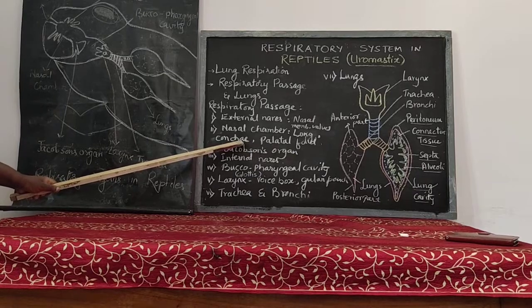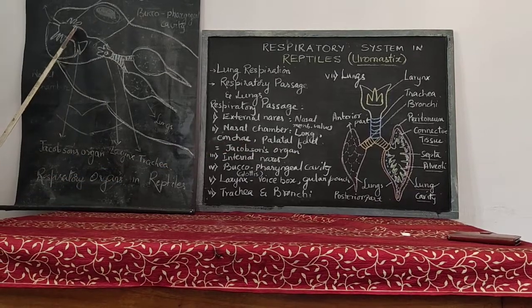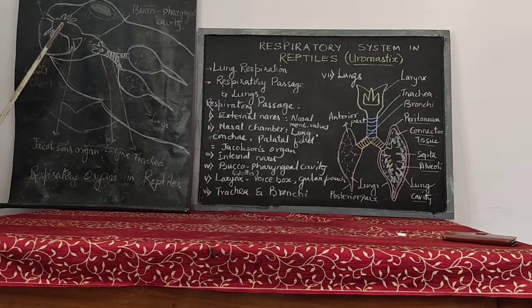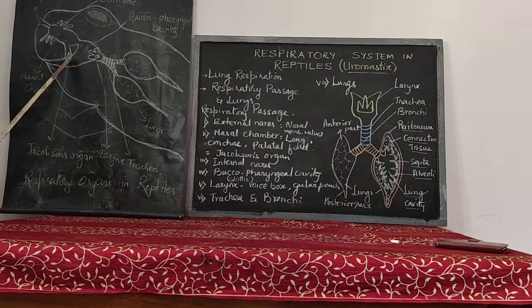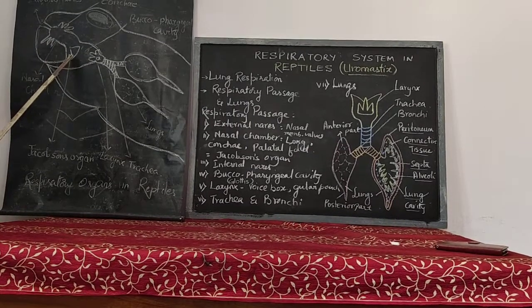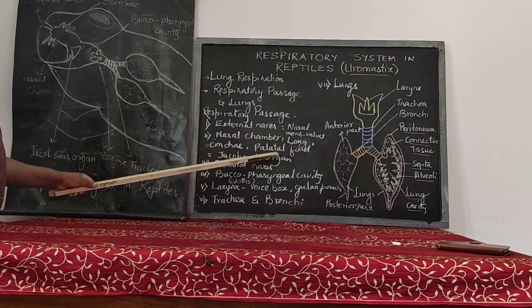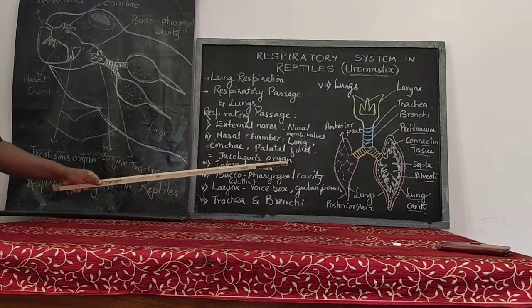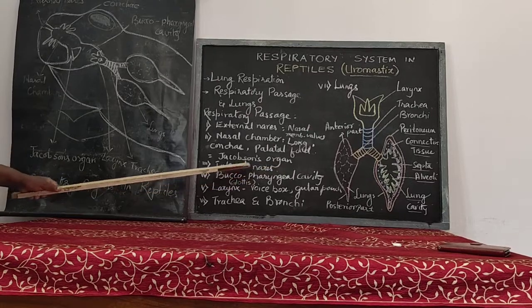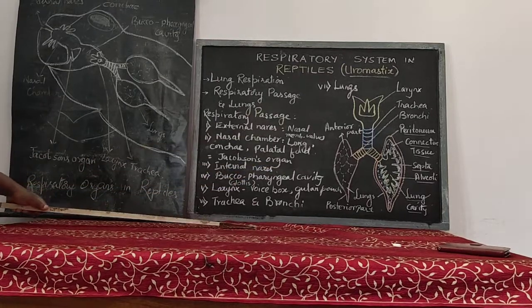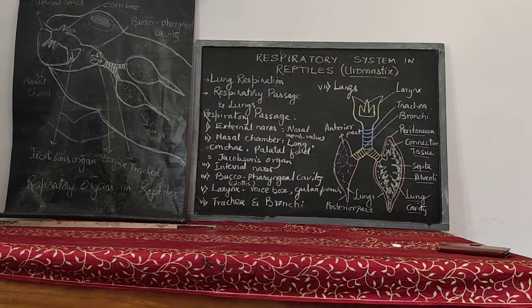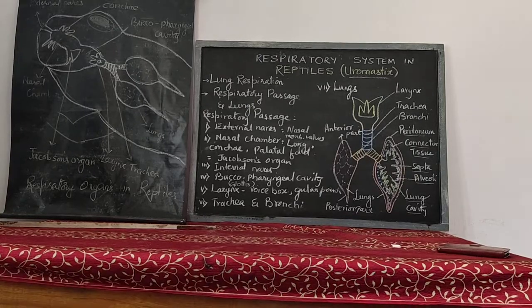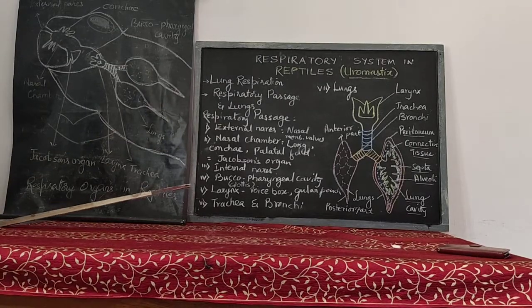And there is a subchamber which continues the nasal chamber with the palate inside the mouth cavity. This folded palatal structure is called Jacobson's organ. It is a specialized organ present in reptiles which serves the function of olfaction along with the olfactory lobes.